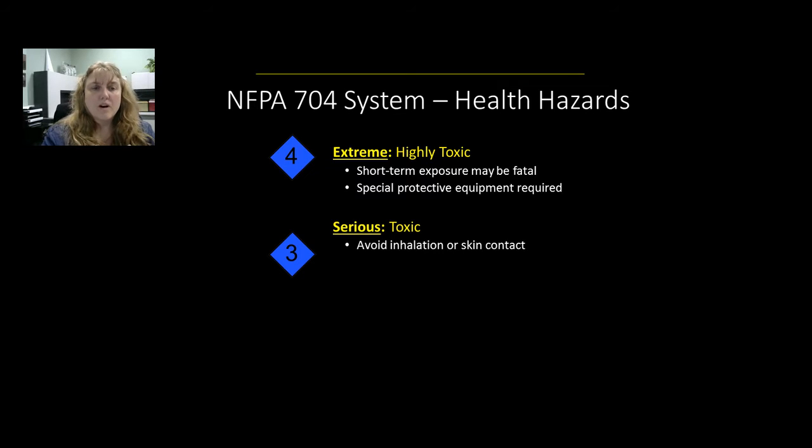And it also requires special protective equipment. So if you come across a fixed facility that has a 4 on that diamond, that 704 NFPA system, then you need to know exactly what you're dealing with because you're going to require special protective equipment.